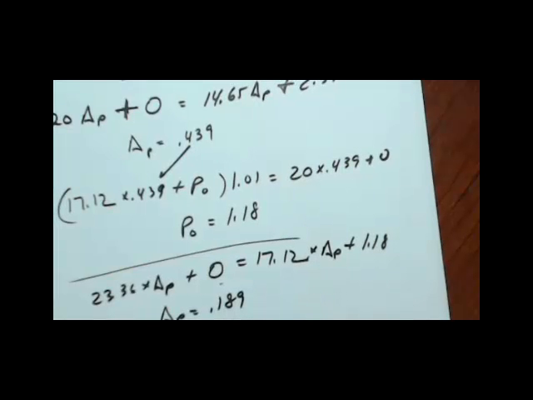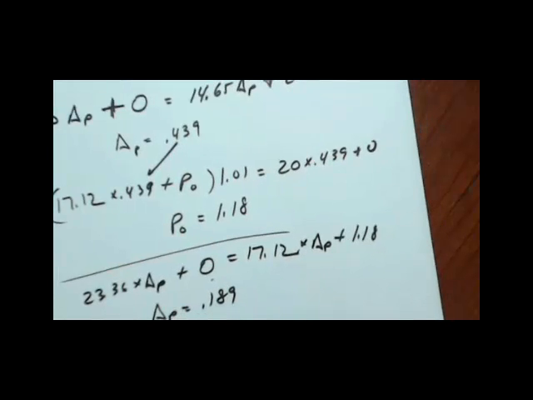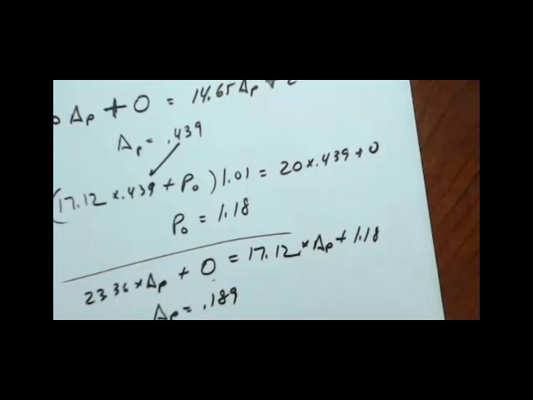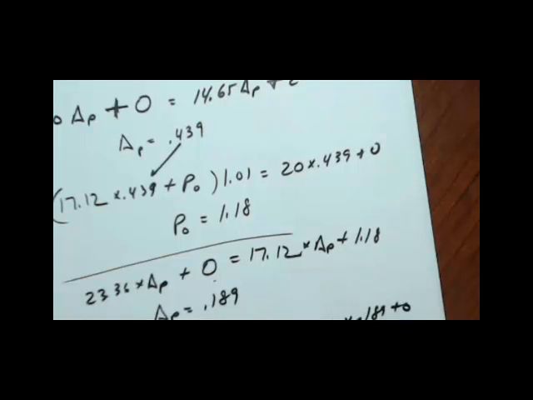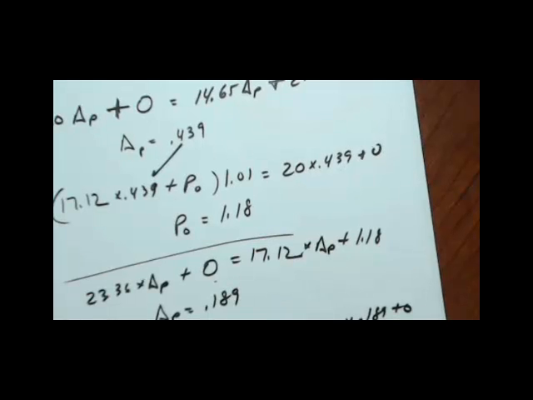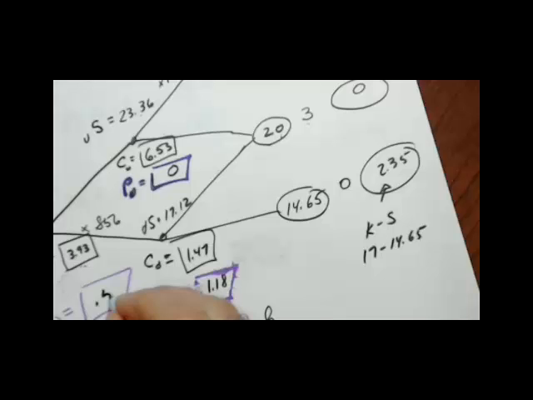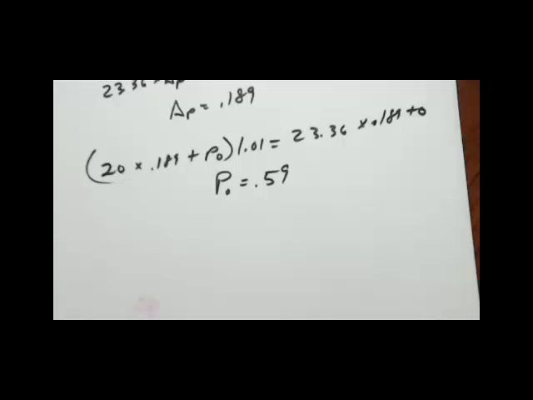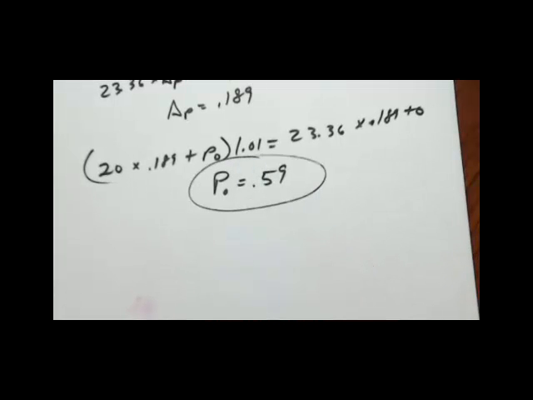Then I'm going to form a riskless portfolio with that many shares. It's going to grow at the risk-free rate. And when I get done with the math, P subscript 0 is 59 cents. That's what the value of that put option is worth, 0.59.